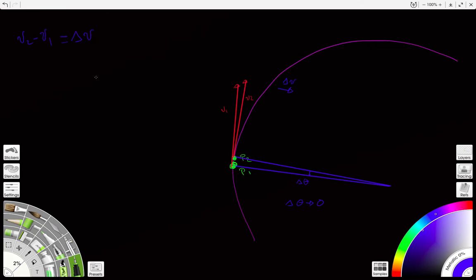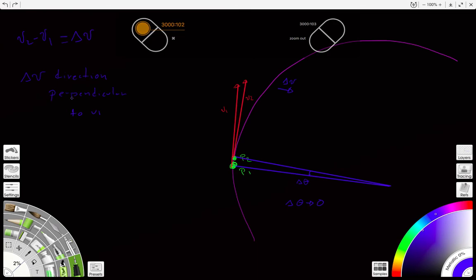But if we get P2 close enough to P1, the direction that delta V will have will be perpendicular to V1.